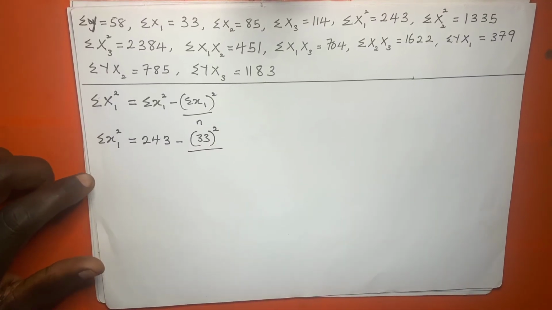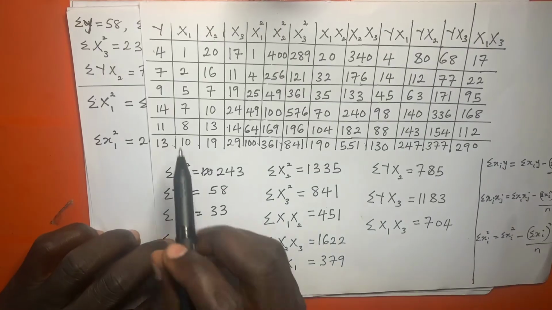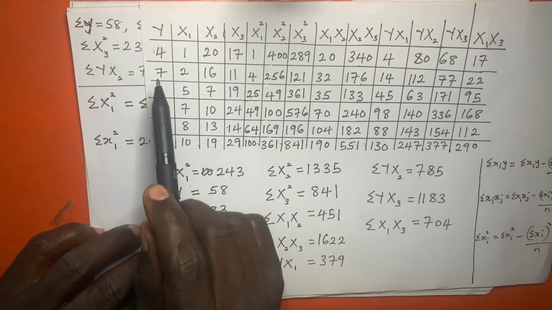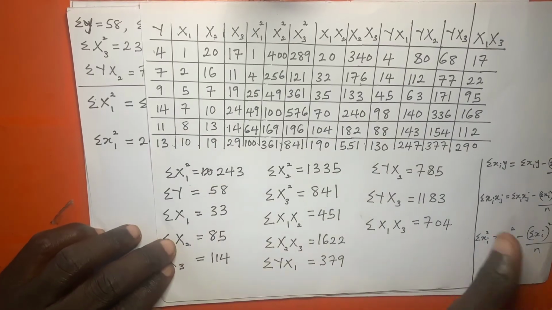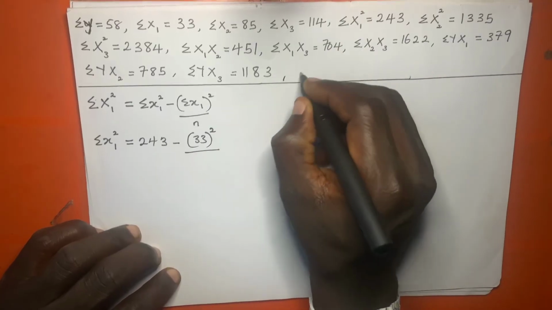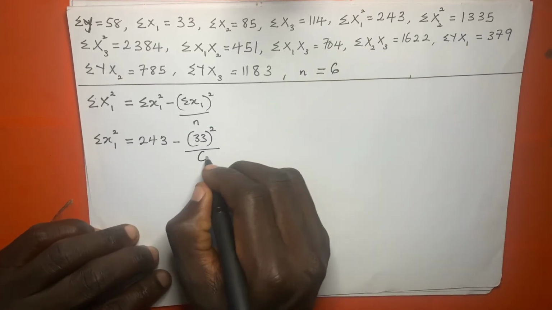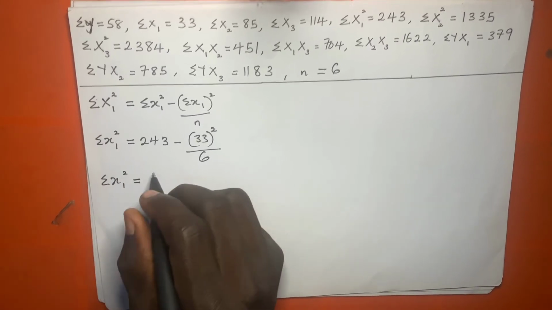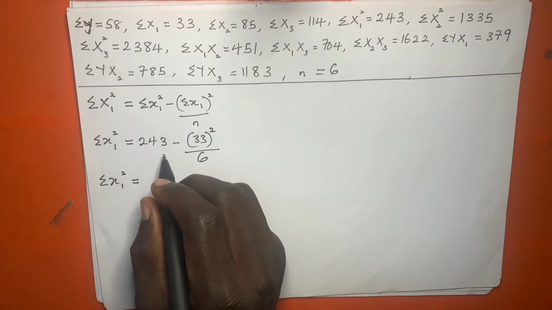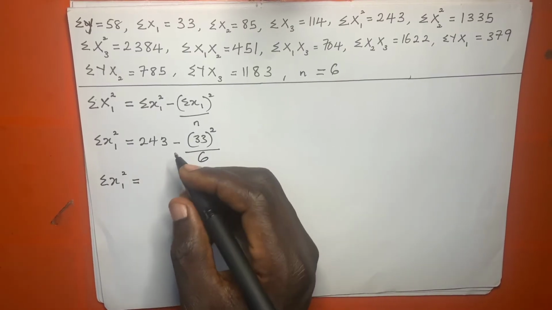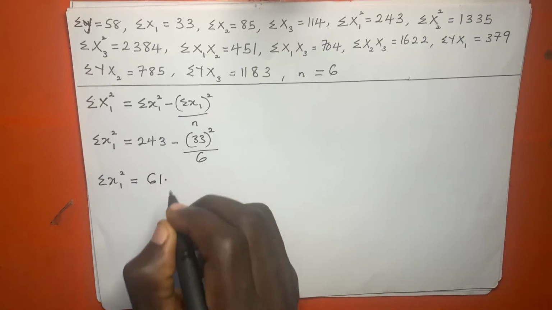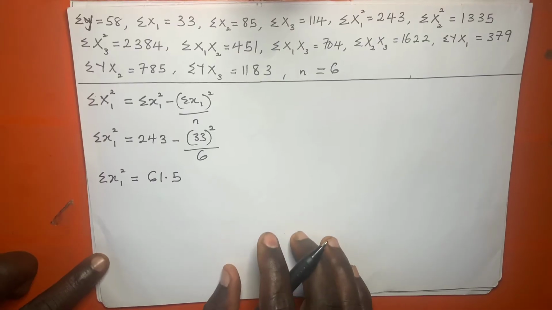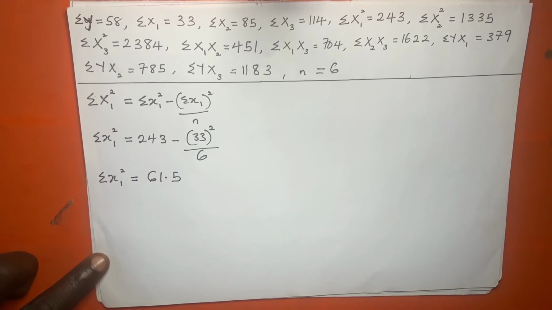What is our n? Our n is 6 because we have 6 observations. 1, 2, 3, 4, 5, 6. Each variable has 6 observations. So therefore our n here equals 6, so we divide by 6. So summation x1 square, if you calculate 243 minus 33 square divided by 6, is going to give us 61.5. All right, so we've already gotten 61.5.